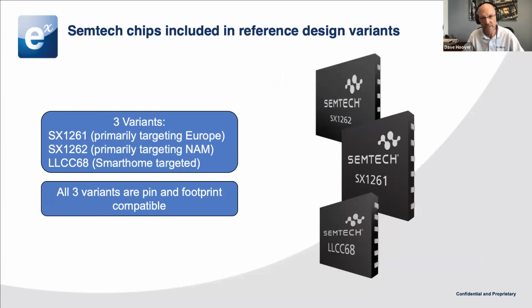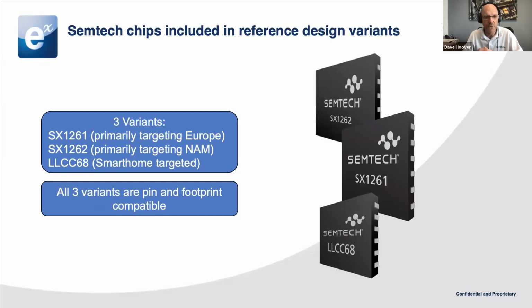This presentation specifically is going to talk about a few different Semtech chips. There's this family that we're showing right here, which is basically the 126X family: the 1261 and 1262, as well as the LLCC68 are the chips that we're specifically going to be talking about during this presentation.